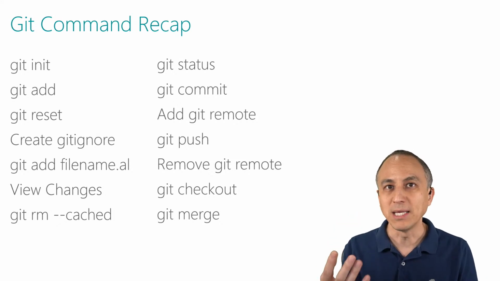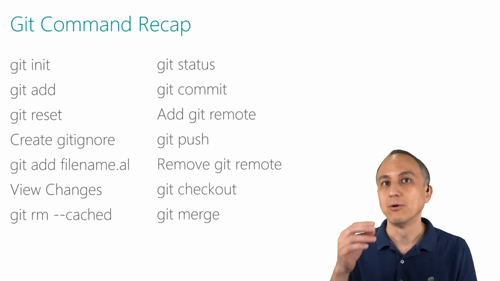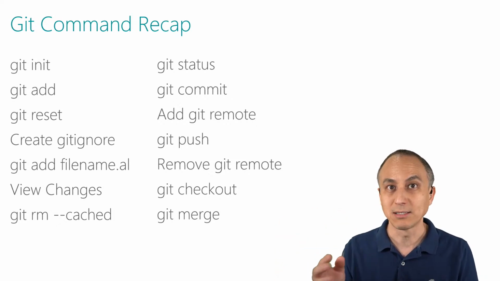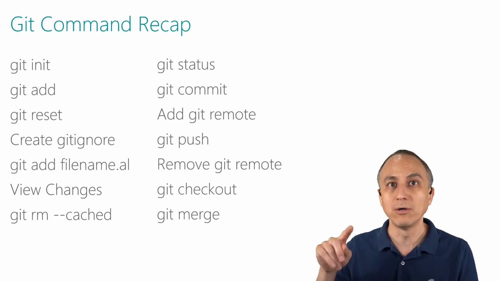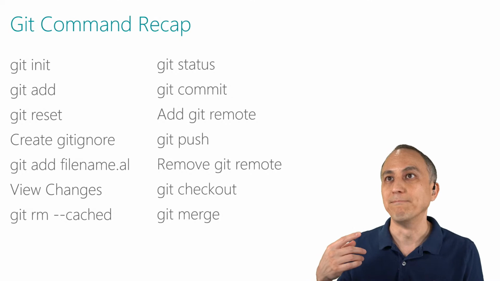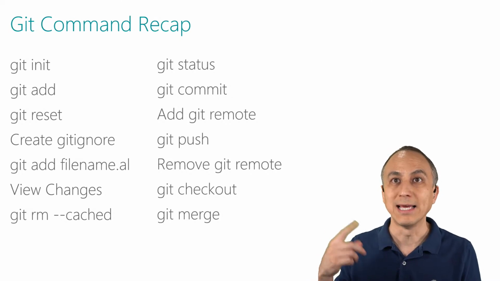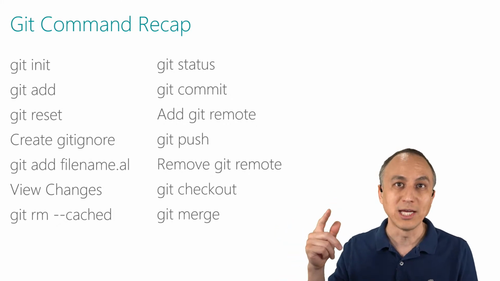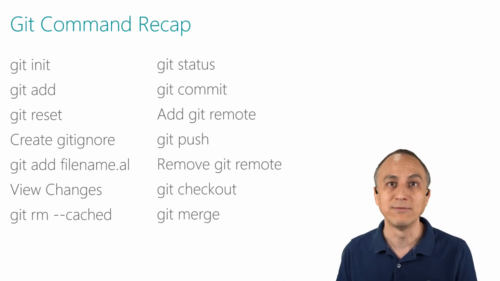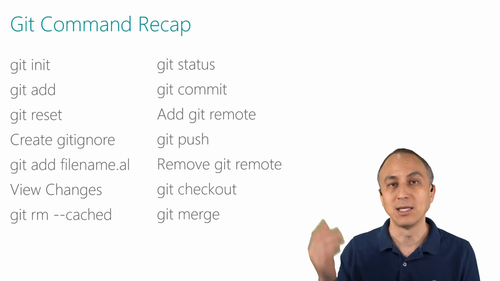Just set up a dummy project in Azure DevOps with no repositories, a test project, and then create these local and remote repos, make some changes, do a git add, do a git commit, do a git push, and then change branches and see how this behaves in both VS Code and in Azure DevOps.